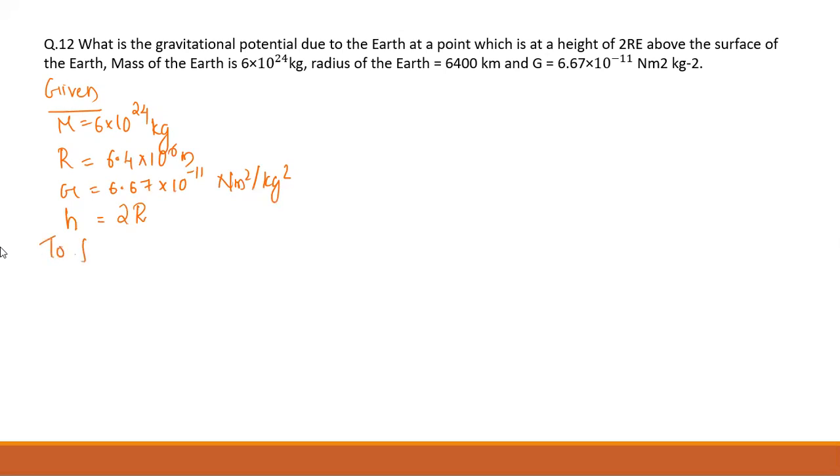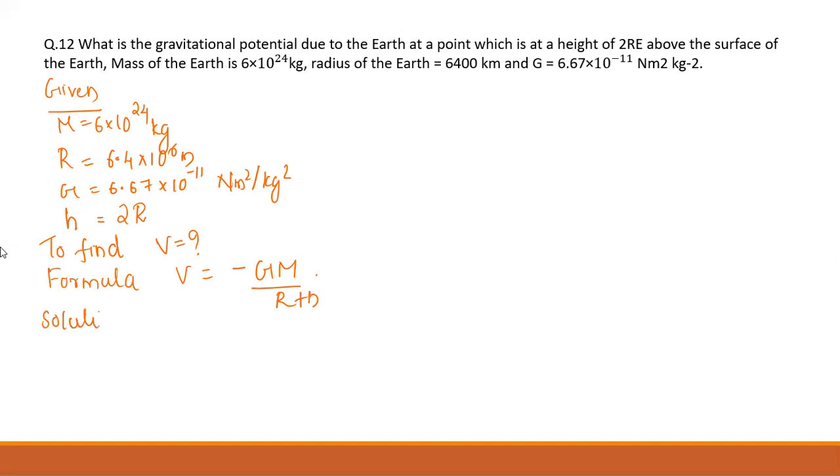We know that the formula for gravitational potential is V is equal to minus GM upon r. Here r is equal to R plus h will come. So we'll write R plus h.